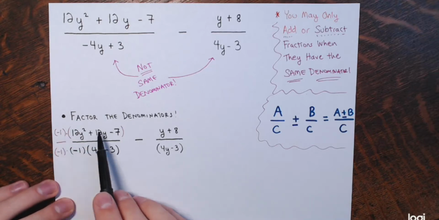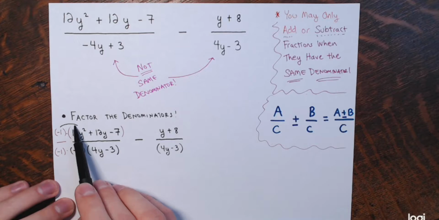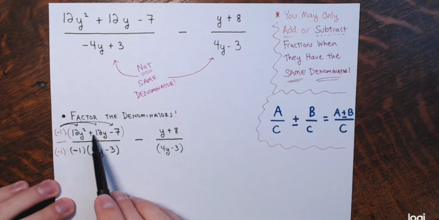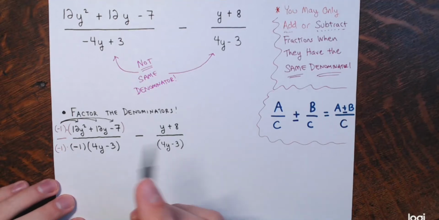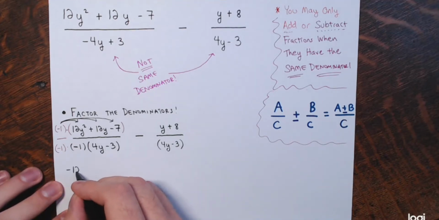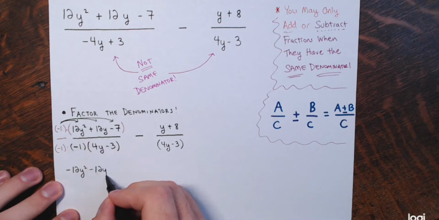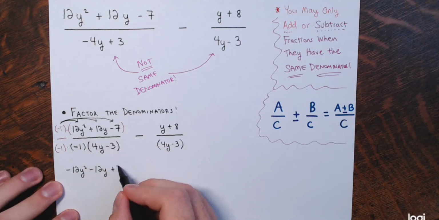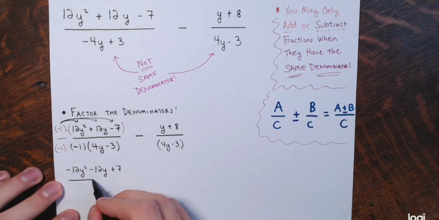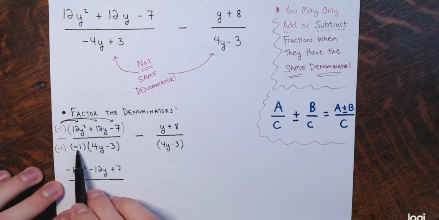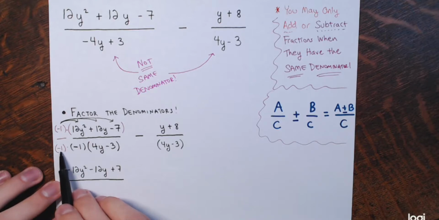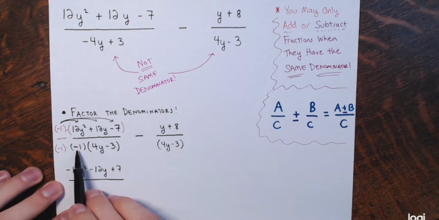So the numerator, now I'm multiplying the entire numerator by -1. So every single term in that numerator gets multiplied by -1. So I have negative 12y squared minus 12y plus 7. And then multiplying the denominator by -1, well, let's see, you have -1 times this factor of -1, that makes +1.